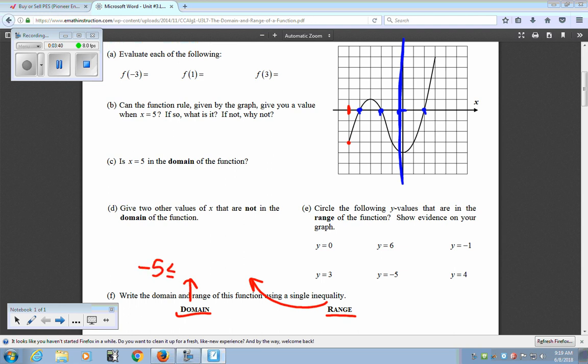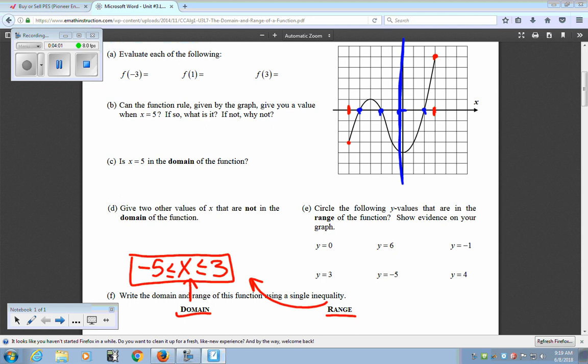We're going to write this as a single inequality like it asked in the question. The rightmost point is this point, which means that 3 is going to be the highest domain value. So everything from -5 to 3 is in the domain and on the graph.